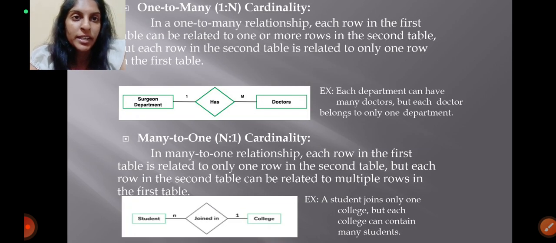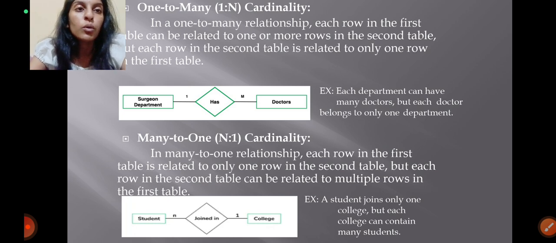Next, one to many cardinality. In a one to many relationship, each row in the first table can be related to one or more rows in the second table, but each row in the second table is related to only one row in the first table. Example: each department can have many doctors, but each doctor belongs to only one department.